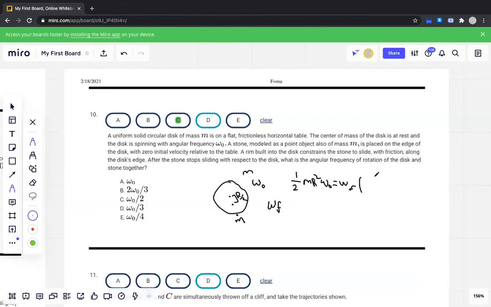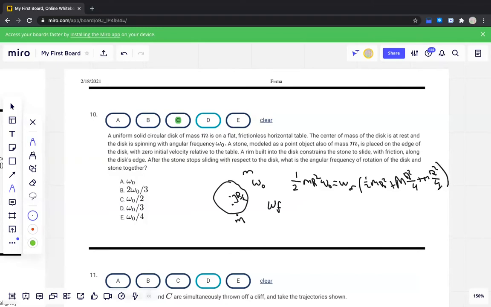So according to the parallel axis theorem, the moment of inertia of the disk at a distance r/2 from the center of mass is going to be 1/2 mr squared plus m times r/2 squared, so r squared over 4. And then the moment of inertia of the point mass with respect to the center of mass is going to be plus m times the distance r/2 squared, so r squared over 4.